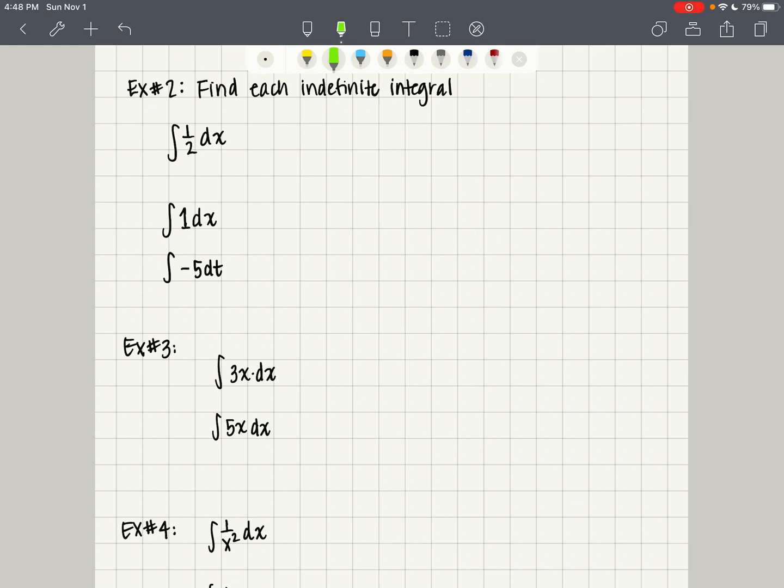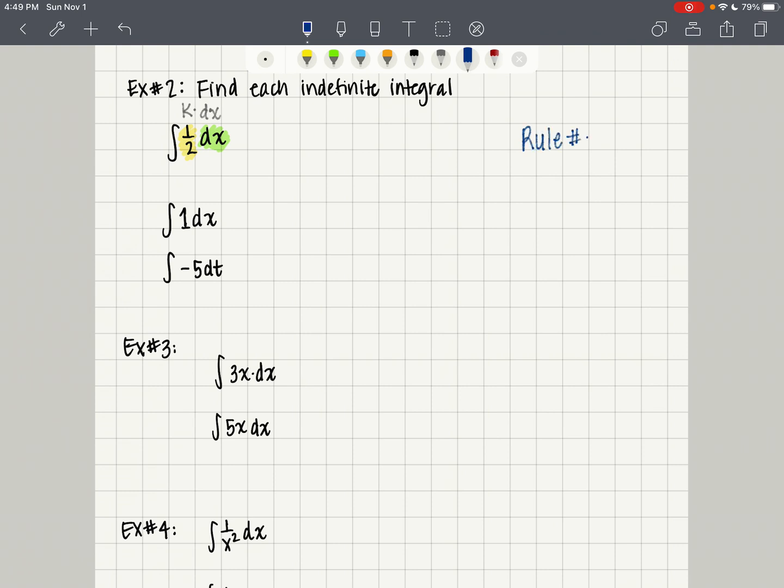So we have the indefinite integral of 1/2 dx. Well, what rule is this? 1/2 is my integrand. dx is my differential. So this is a constant times dx, and that is rule number one.